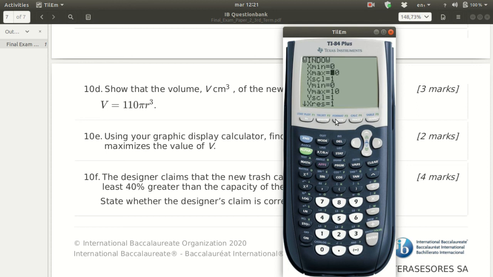So let's make this negative 10, like this graph, just so that you can see that it crosses, and not just touches, but crosses the x-axis. So notice that the derivative is positive here and negative after. So that means that if it's positive before crossing the zero and negative after, it means it's going up first and then going down second.